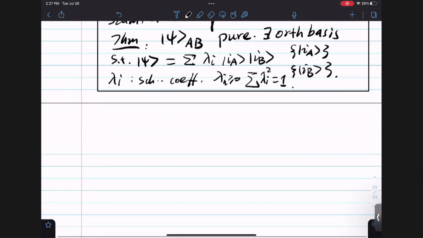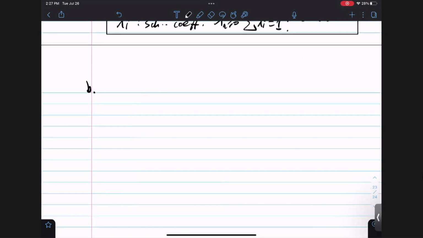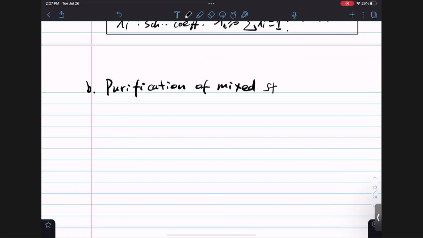Okay. Now let's move on to the first kind of purification. Suppose we have a mixed state. Can we describe it using a pure state, and in addition with some computational basis measurement? And the answer is yes. So suppose we have a system A, which is in some state rho.